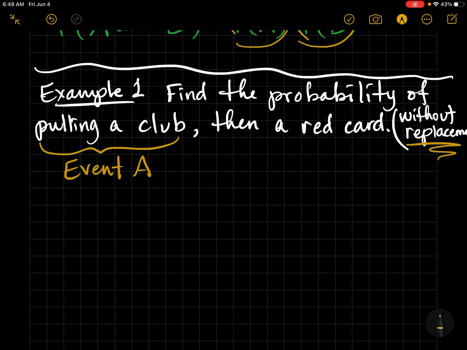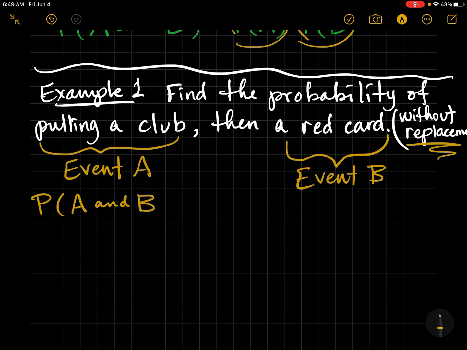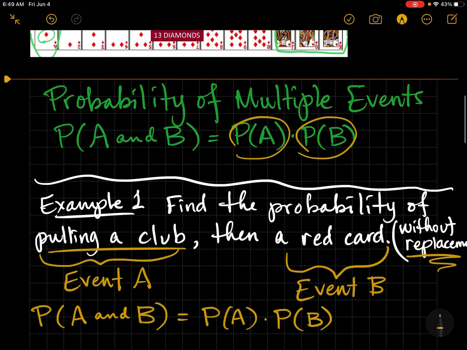I'm just going to say that's our first event, or event A. And then the second draw is going to be a red card, and I'm going to say that's event B, or just the second event. So the probability of A and B, so we want to be successful at both of those, is the probability of A times the probability of B.